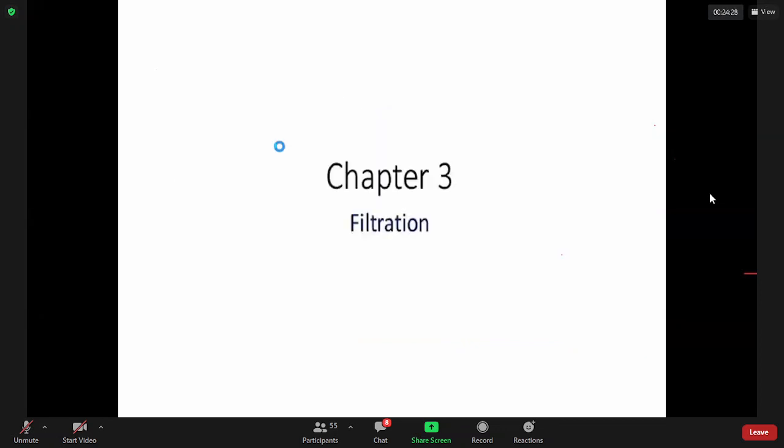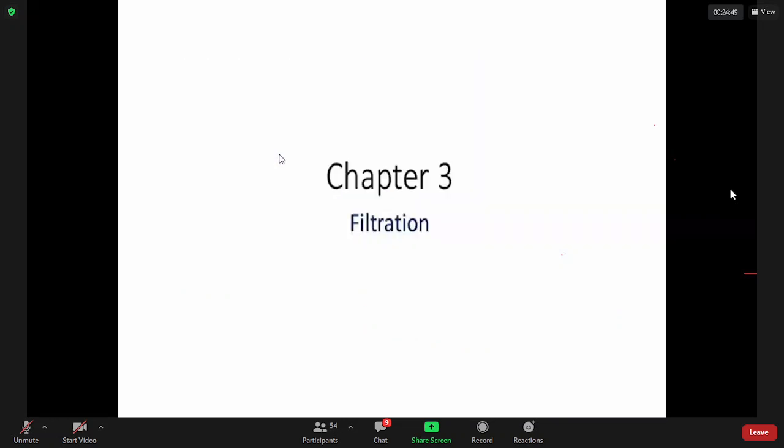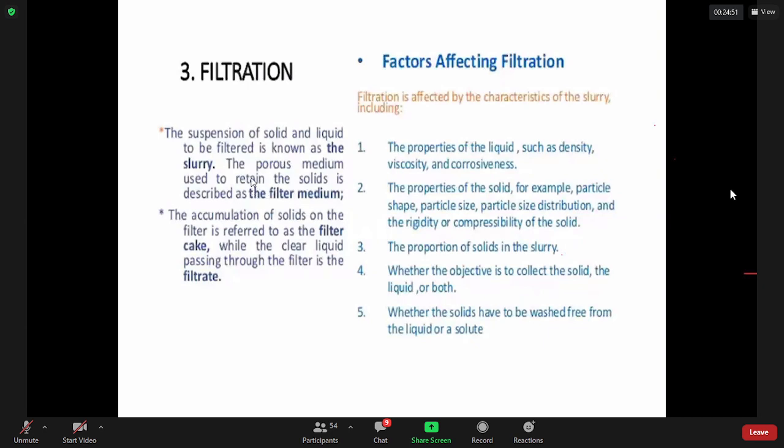Now, the third one we look at right now, filtration. Filtration, the suspension of a solid and liquid to be filtered, is known as the slurry. The porous medium used to retain the solid is described as the filter medium.